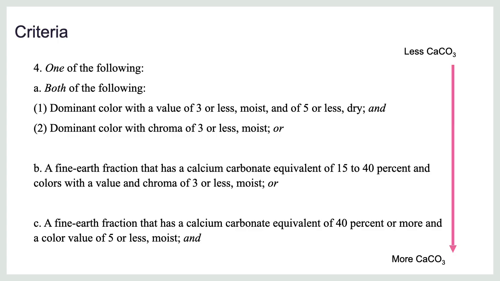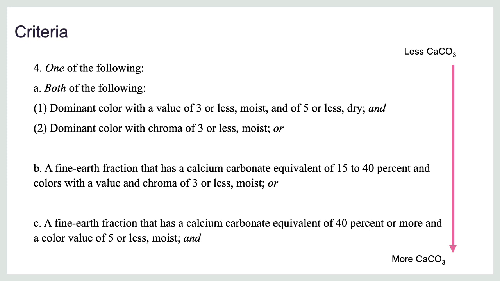And then if I increase the content of calcium carbonate, hardly can the soil be very, very dark. It's why I consider that 5 is okay in this specific case. So every time that I'm checking the color of the Mollic epipedon, I also need to check the content of calcium carbonate.